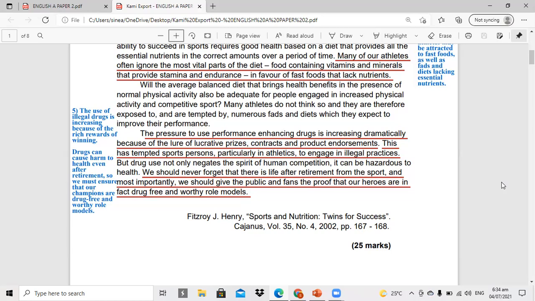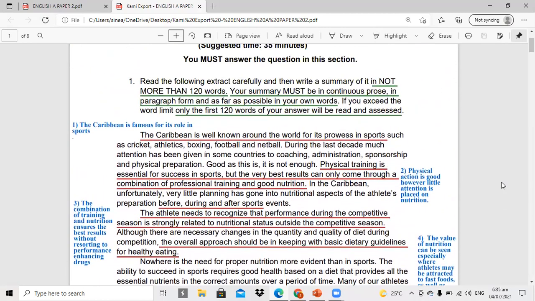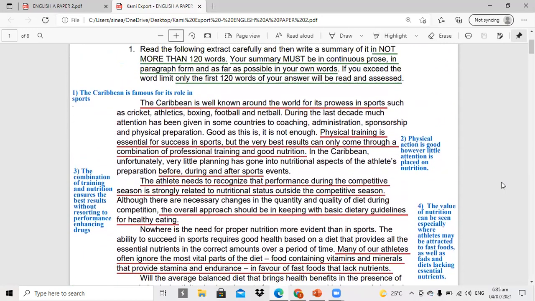So the person is just saying that after retirement, the athlete has to live and has to be healthy, as a role model, set an example to be there for others, right? So drugs can cause harm to health even after retirement, so we must ensure that our champions are drug free and worthy role models. So that is basically what this passage is about.